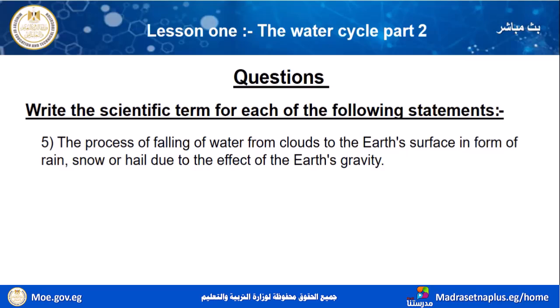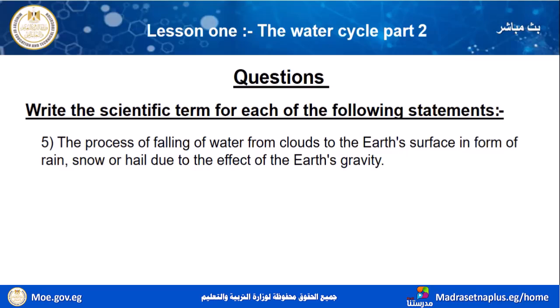Question number five. The process of falling of water from clouds to the Earth's surface in the form of rain, snow, or hail due to the effect of the Earth's gravity. When clouds carry more water droplets, the droplets become very heavy.